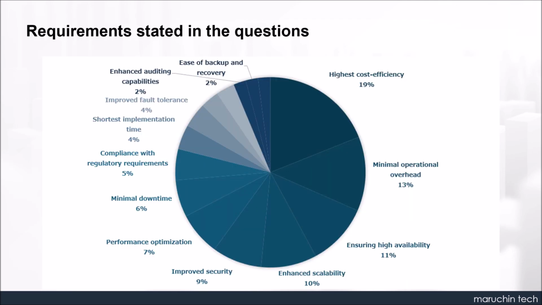The other requirements are often asked in combination with the previously introduced requirements. For example, compliance services are often asked together with security and monitoring services. So that's all for the explanation of the requirements. By understanding these frequently asked requirements, you can improve your study efficiency.